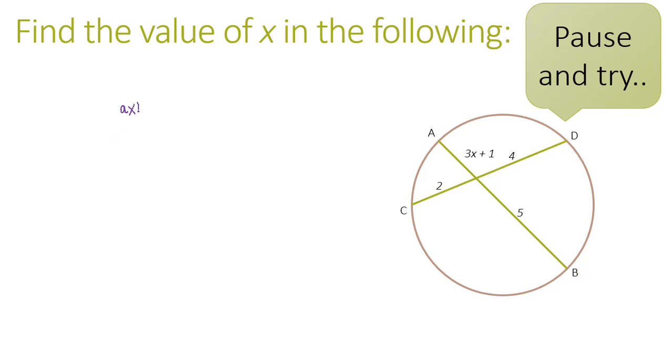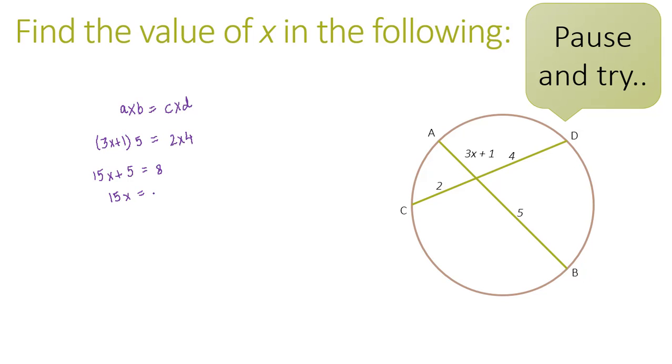By the previous theorem, we know that A times B is equal to C times D. Here, the part A will be 3x plus 1 and the other part of chord AB is 5, which is B, and this all is equal to 2 times 4. Using the distributive property, I will open the parentheses, which will be 15x plus 5 equals 8.